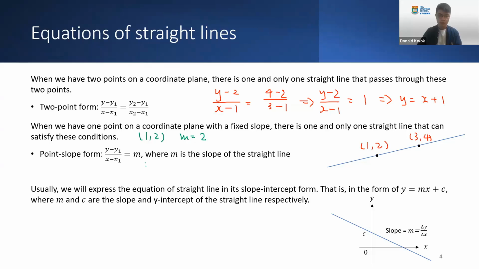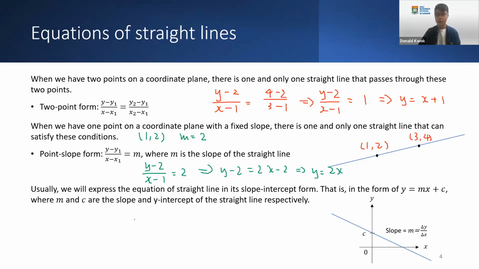It would be y minus the y coordinate of the given point, over x minus the x coordinate of the given point, equals the slope of the straight line. Then you are able to derive that after some simplification. So this is how I can derive the equation of the straight line here.